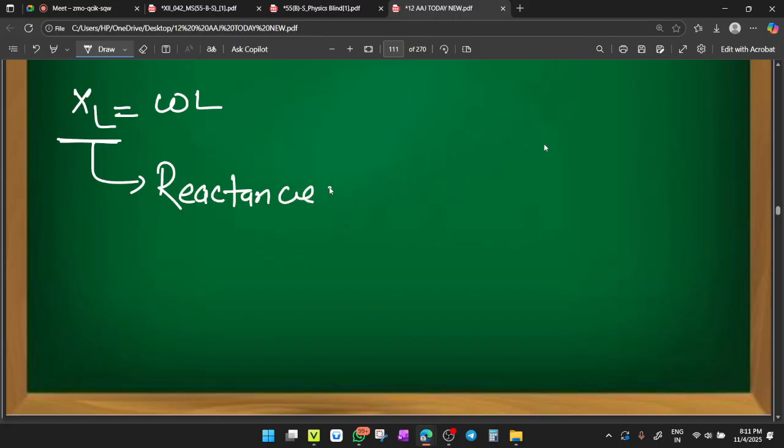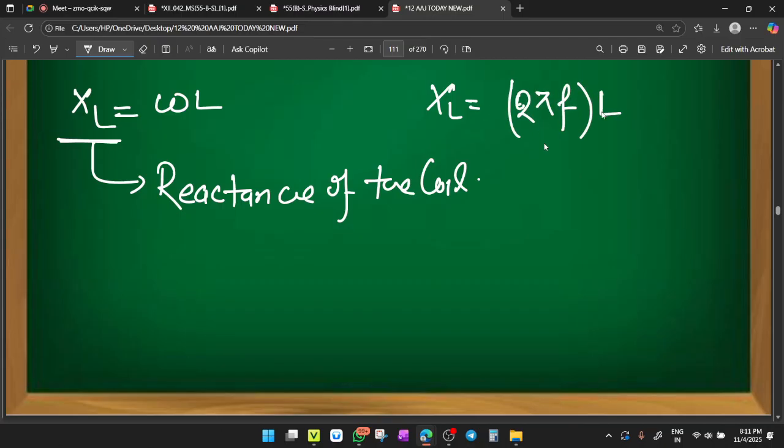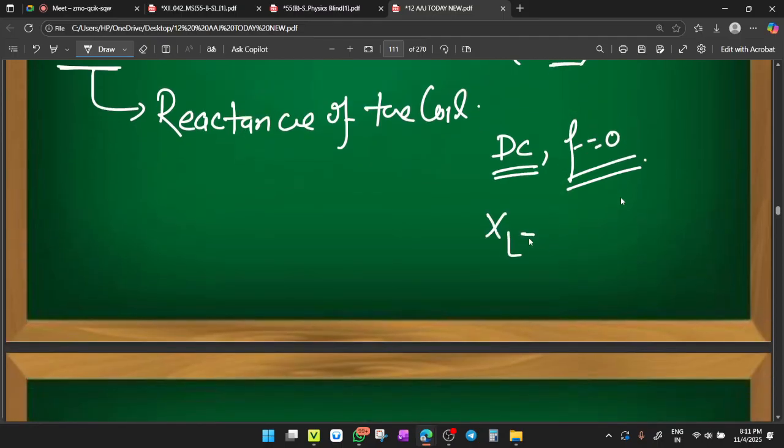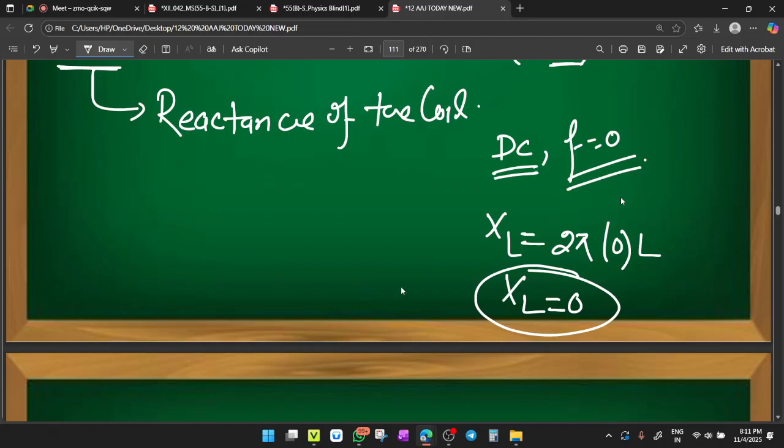XL equals omega L, where omega equals 2 pi F, so XL equals 2 pi F into L. If you apply DC, for a DC supply, the frequency equals 0. So placing the value of frequency equal to 0, XL becomes 2 pi into 0 into L. So XL, the inductive reactance, equals 0.